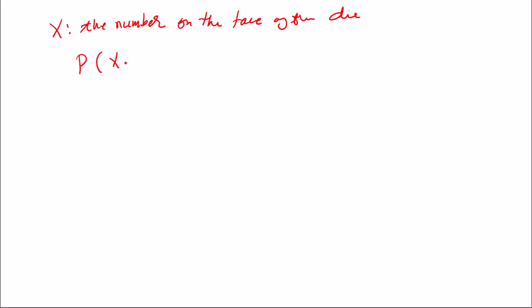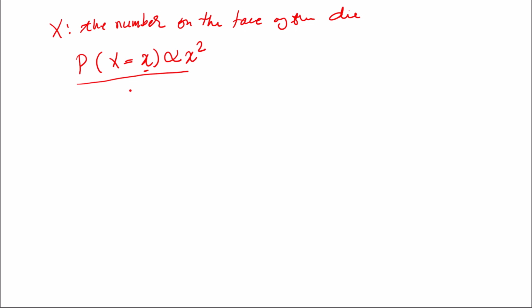If X is the number on the face of the die, then the probability that X equals x is proportional to x squared. We determine the probability distribution by normalizing the probabilities.